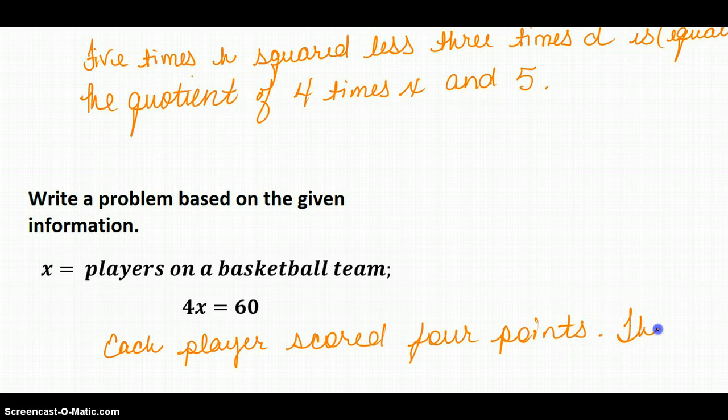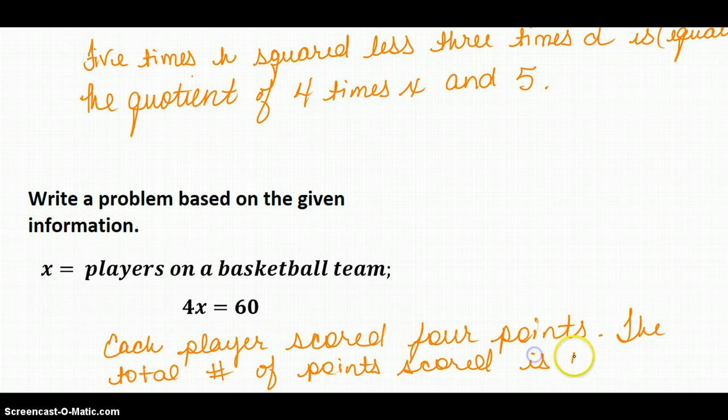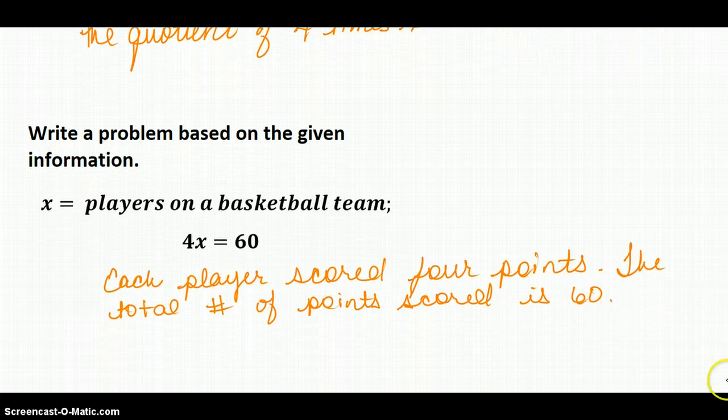The total number of points scored is 60. And what we need to know is how many players were on the team.